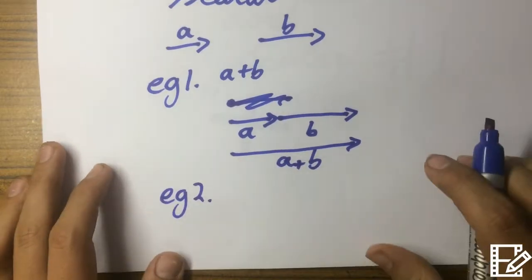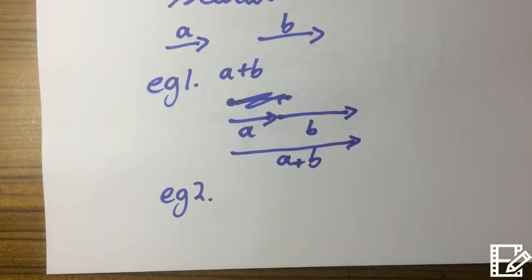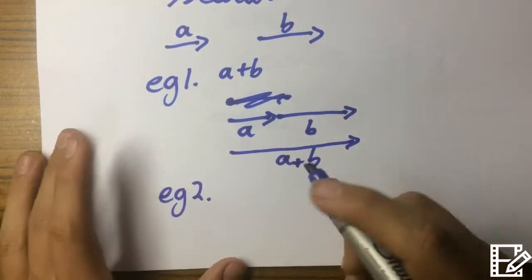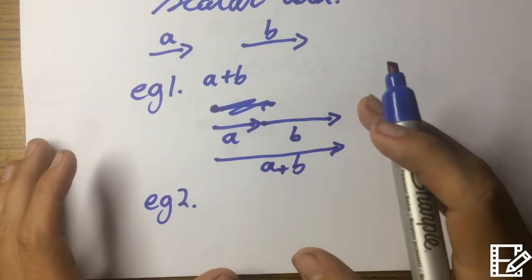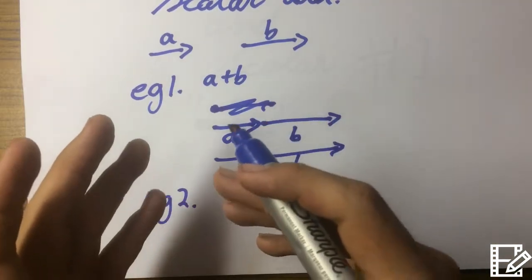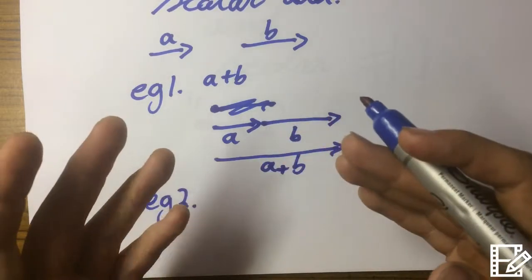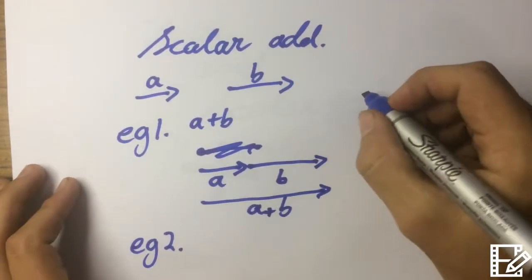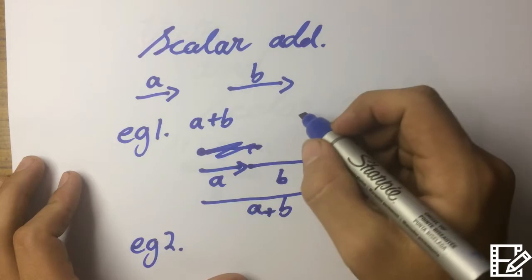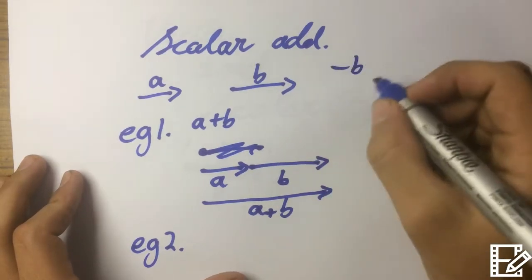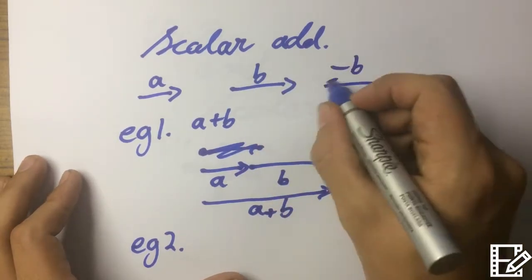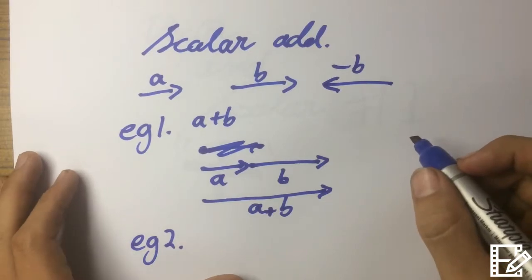Example 2. Let's say it's the same with vectors. I got taught this way, that there's no such thing as subtraction. There's always addition. You're just adding. If this is B, negative B would be the same magnitude, it would just be pointing in the other direction.